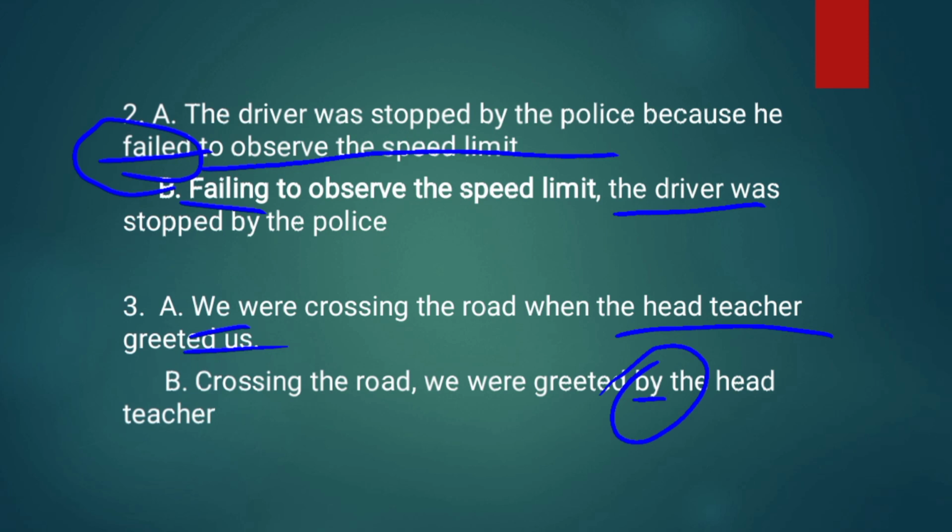So as for us, we were greeted by who? The head teacher. That's why mostly when we start with this, we introduce the word "by", because you can't say "we were, the head teacher greeted us". But you change it to "we were greeted by the head teacher".